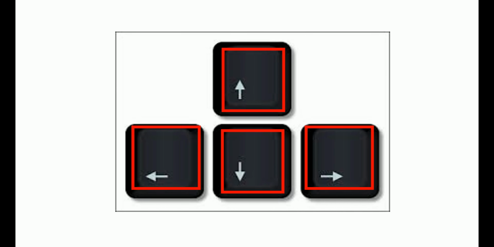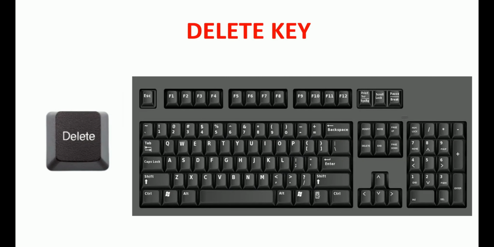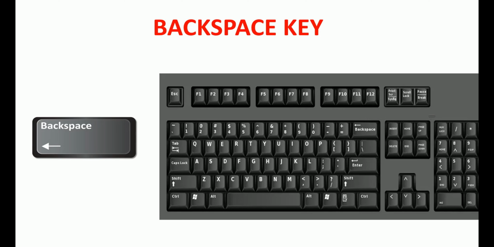Left arrow key is used to move the cursor left. Delete key. There are 2 delete keys on the keyboard. The delete key, when pressed, it erases the letters to the right side of the cursor. Backspace key. There is one backspace key on the keyboard. The backspace key erases the letters to the left side of the cursor.